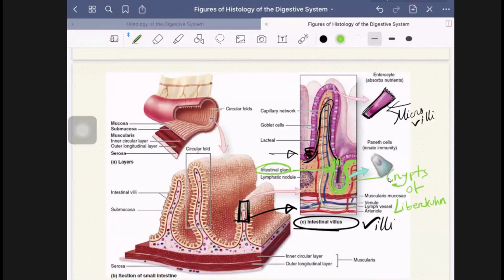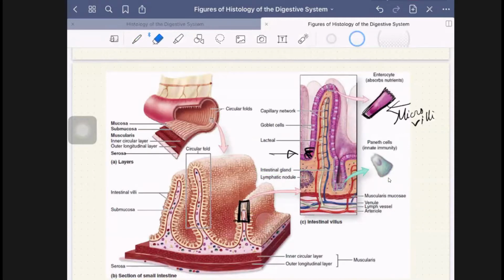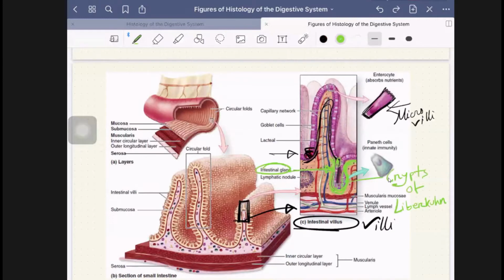Now, in the crypts of Lieberkühn, there are different types of cell. First of all, there will be some undifferentiated cell. Undifferentiated cell means they do not have any specific structure or specific function.